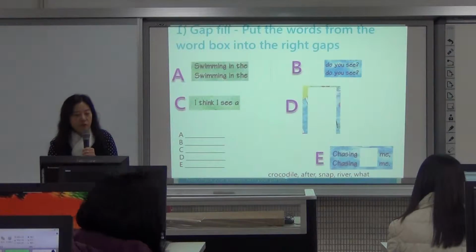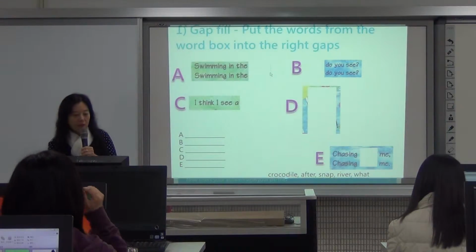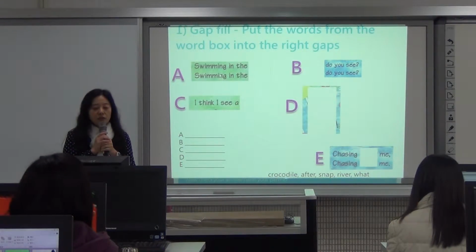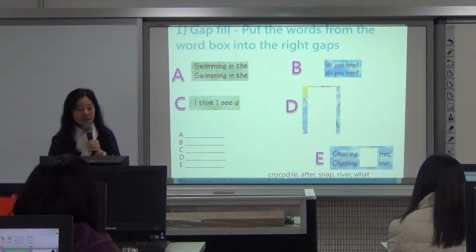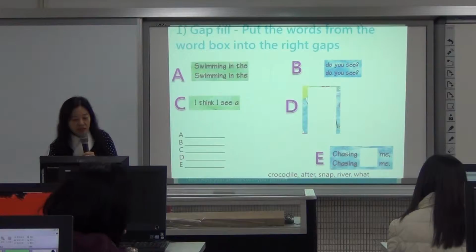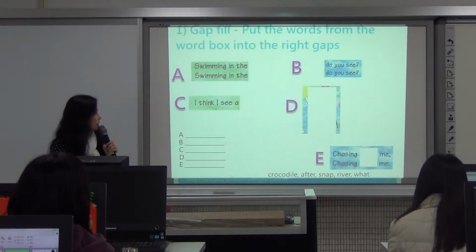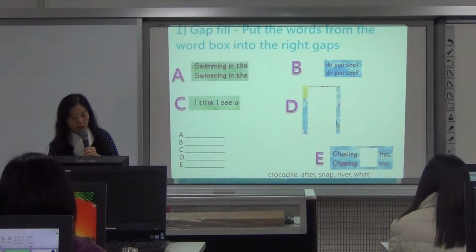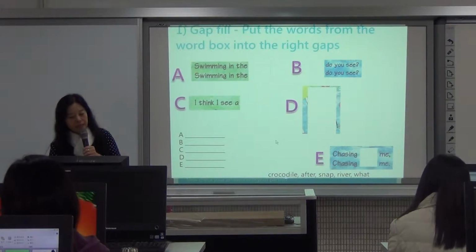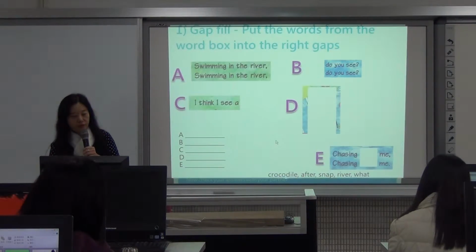For example, gap fill. Put the words from the word box into the right gaps. Swimming in the what? Jungle? Actually, the teacher's nice. Do you see the clues, the word bank at the bottom? So the answer must be in the river.